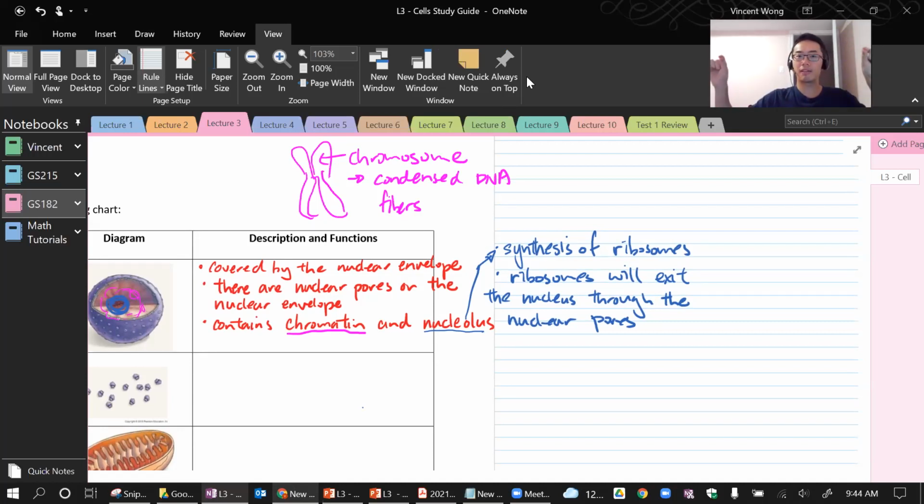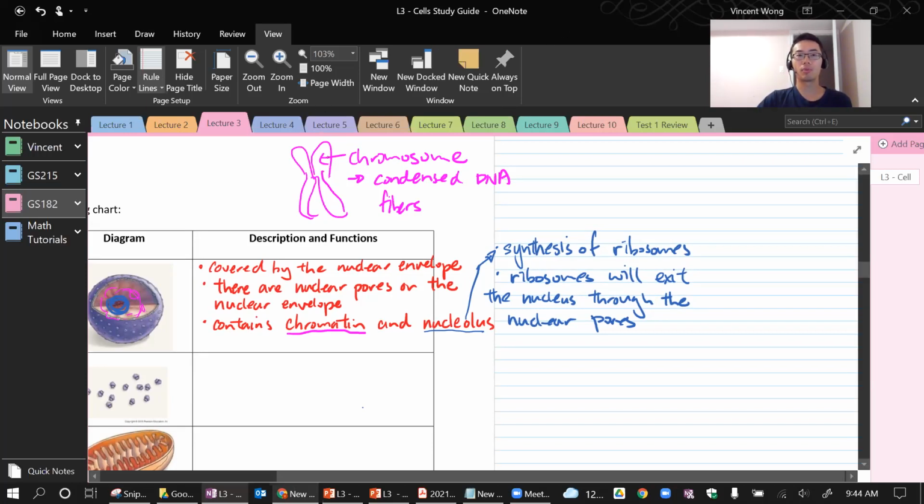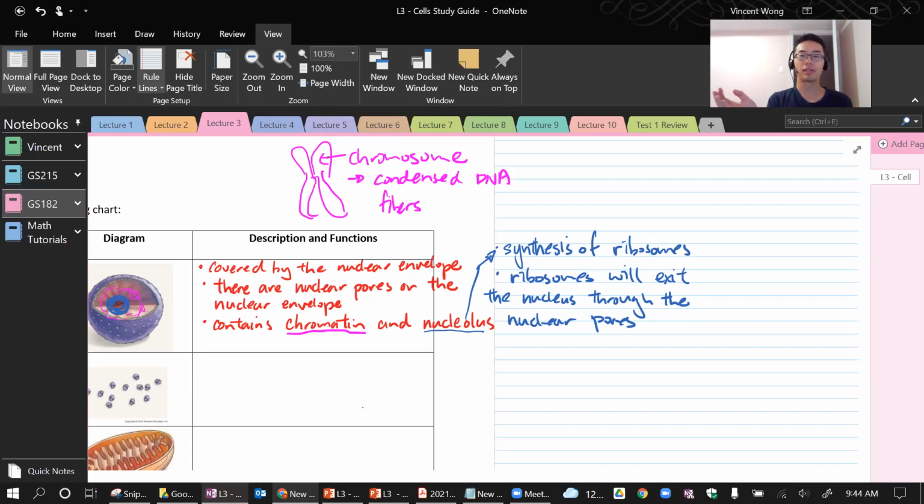When you take the DNA fiber and condense it a lot, it becomes a chromosome. When it's really condensed, it's easier to move them around without tangling them, and you would want to move the chromosomes around during cell division. Normally when a cell is not dividing, the DNA will not be forming chromosomes, so they are rather invisible under the microscope. It's only when the cell is ready to divide that the DNA condenses itself into the chromosome.